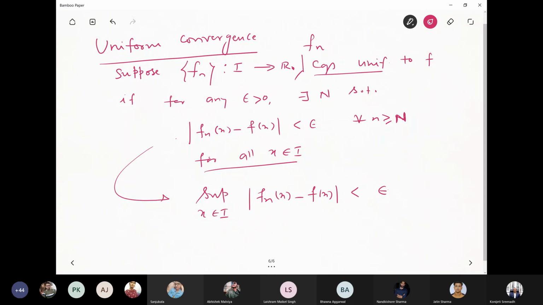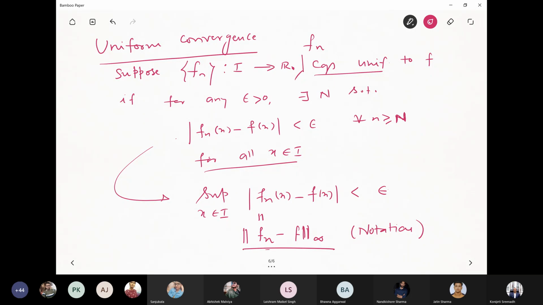Normally people write ||f_n - f||_infinity, which is known as the infinity norm. This is just a notation. Instead of writing the supremum of |f_n(x) - f(x)| every time, I will simply write ||f_n - f||_infinity.